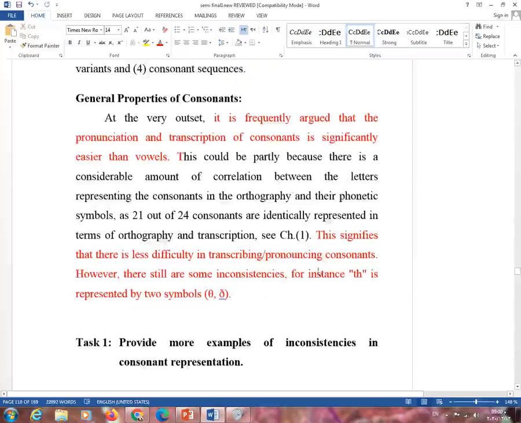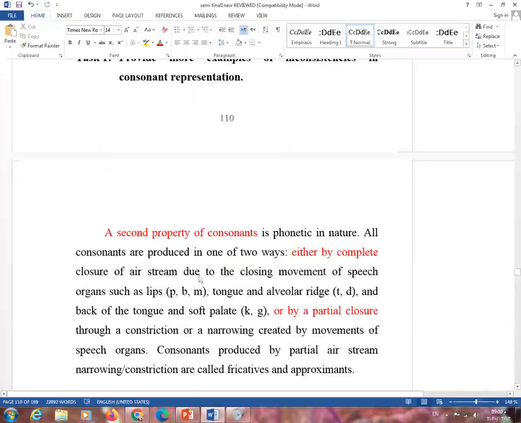Then number two, the second property is that when we pronounce English consonants, we produce them in one of two ways.